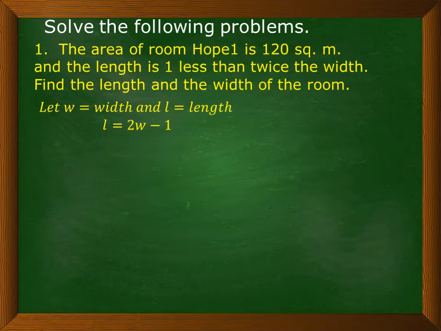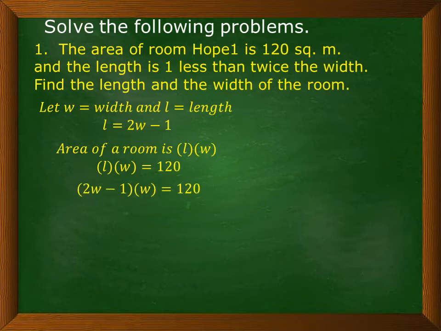Okay, and then since your area is 120 square meters, the formula for our area is length times width is equal to 120. And then we will substitute our L. So you have 2W minus 1 times W is equal to 120.